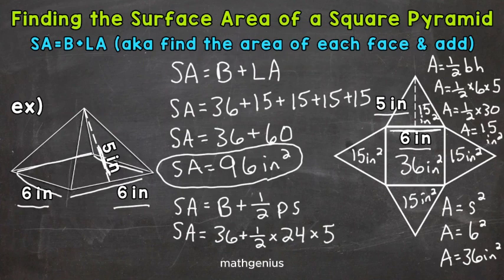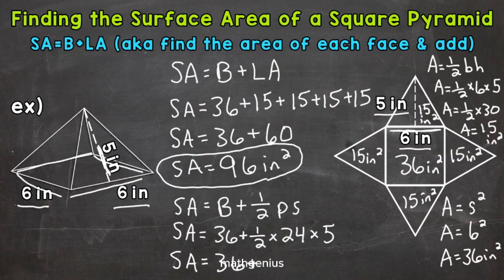Once we have everything plugged in, we can solve, and we can start simplifying or plug this in to a calculator and solve it in one step. I'm going to simplify here. I'm running out of room, but we can make it work. So surface area equals 36 plus 1/2 times 24 times 5. Well, 1/2 times 24 is 12, times 5 gives us 60.